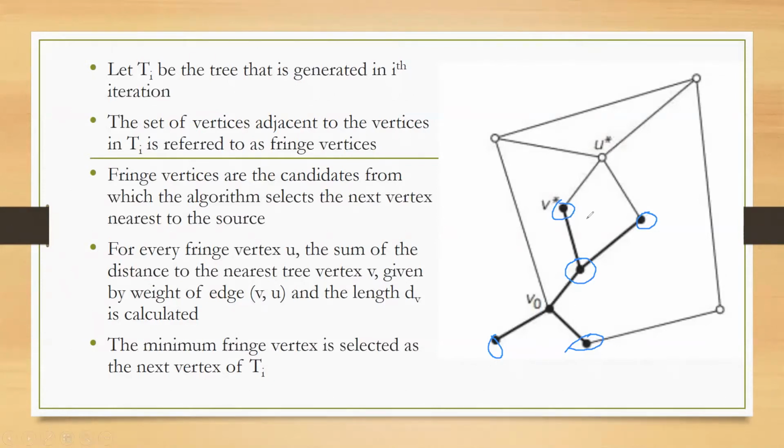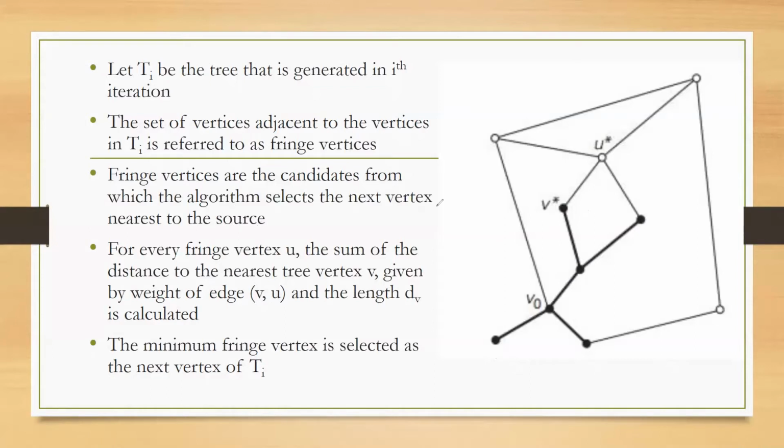I hope you got it. V minus Vt is different. V minus Vt includes all the remaining vertices, and out of all those, you have to consider only those vertices that are adjacent, and those adjacent vertices are called fringe vertices.